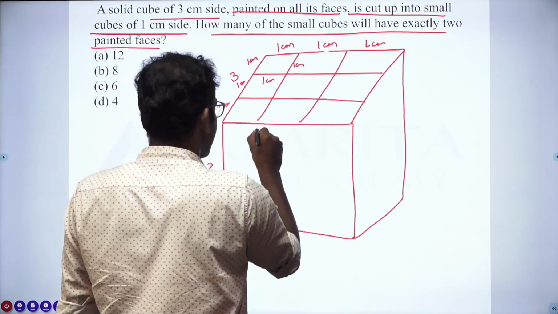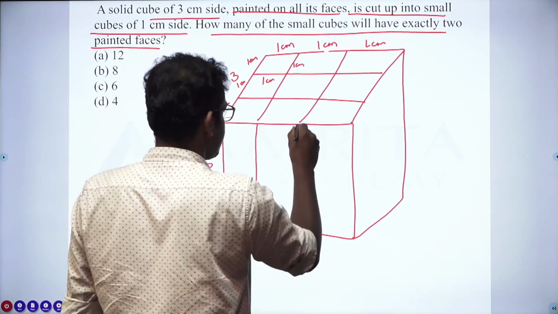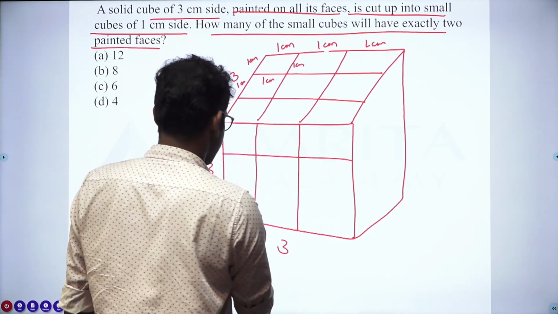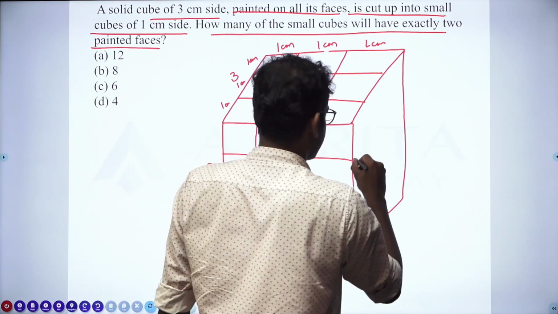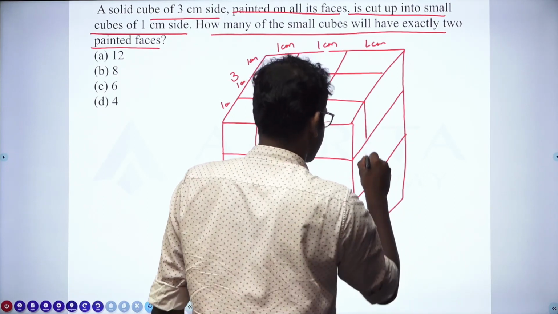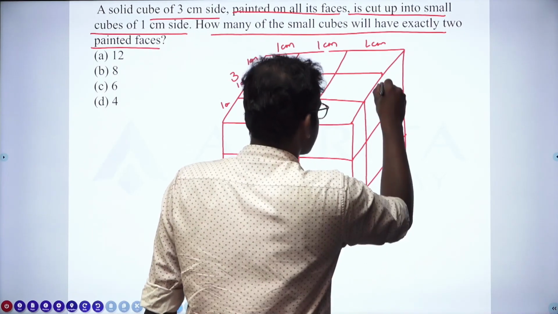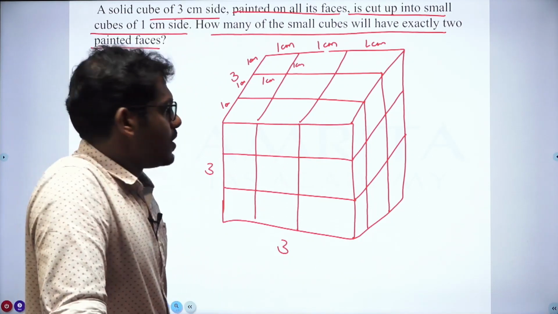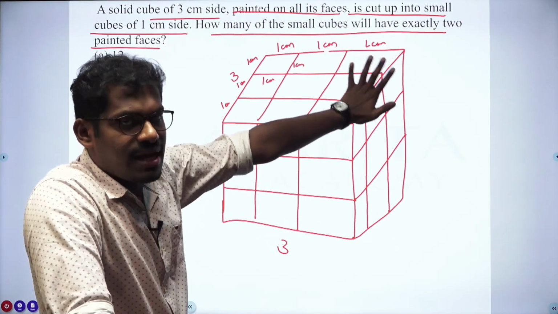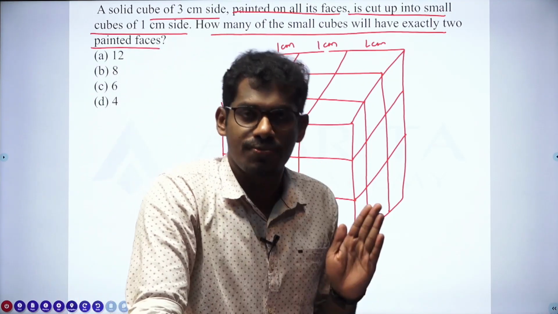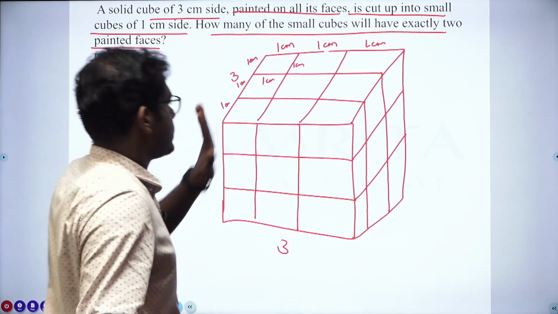So the top face is cut. So this is the idea. The large cube having sides of 3 centimeter is cut into small cubes of side 1 centimeter. So this is the case.